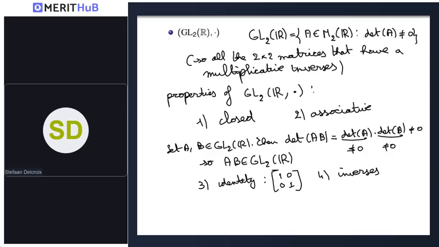So we got 4 out of the 5 properties that we studied. However, it does not have the 5th property. What is the missing property here? We talked about closure, associativity, identity, and inverses. Which one is missing?